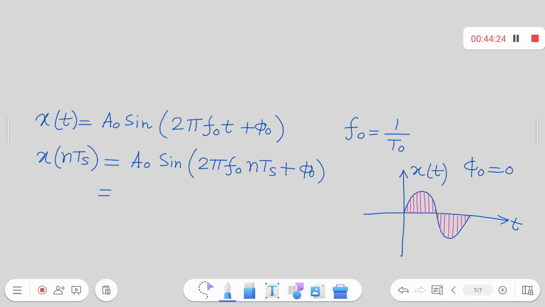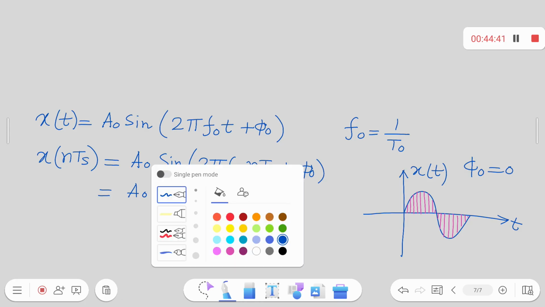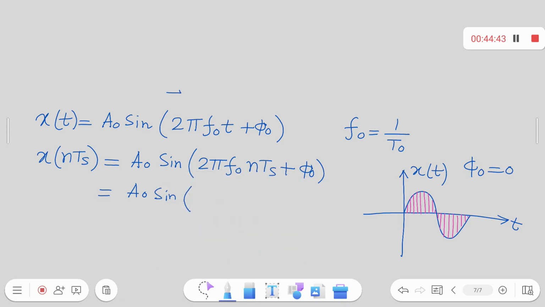So that is basically A naught sine. This 2 pi f naught is basically omega naught, the capital omega.